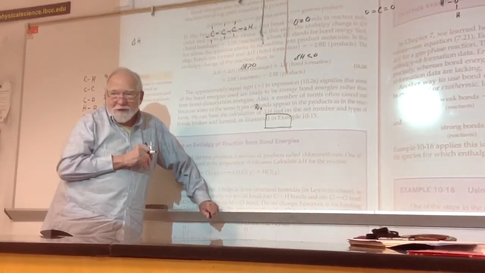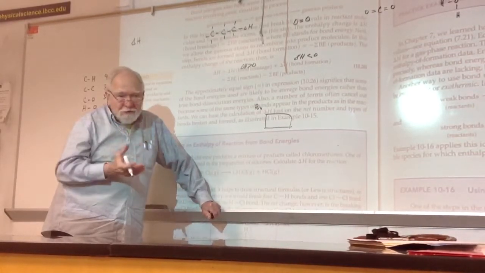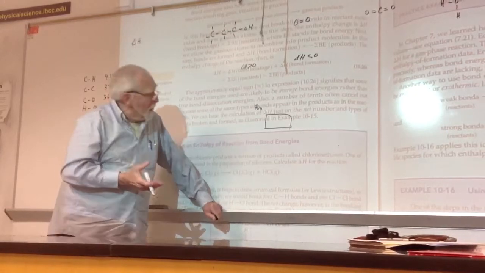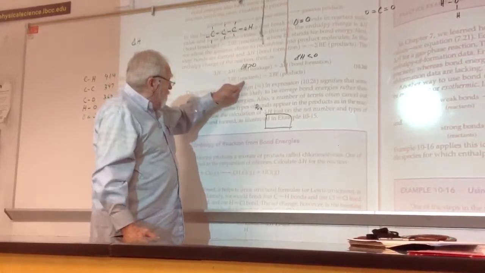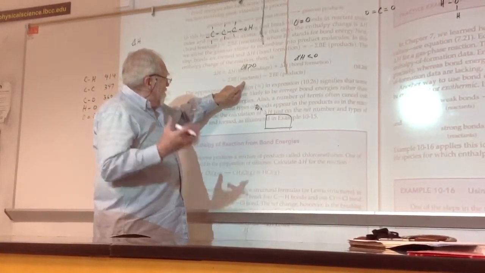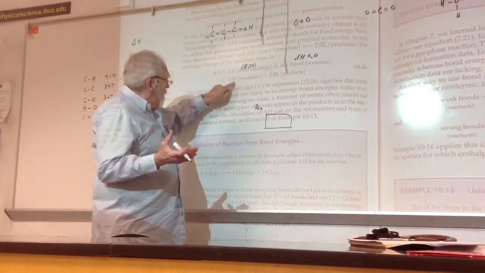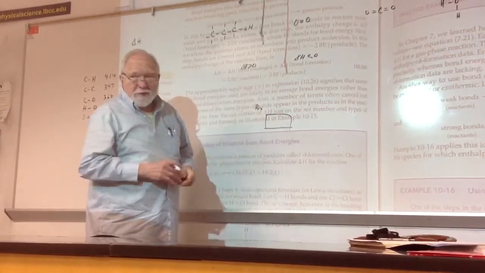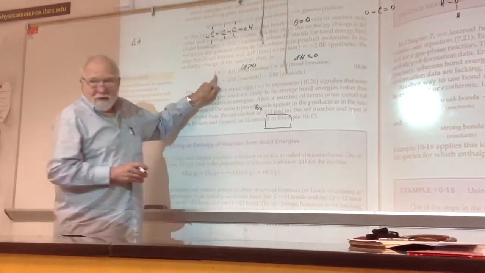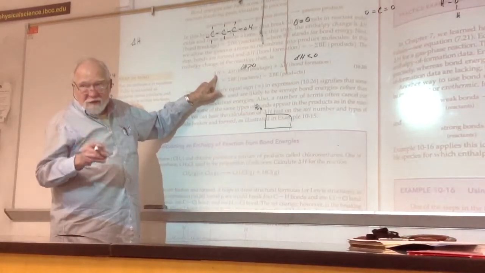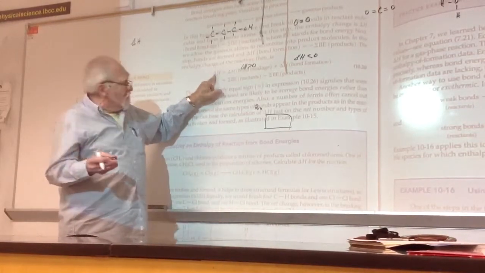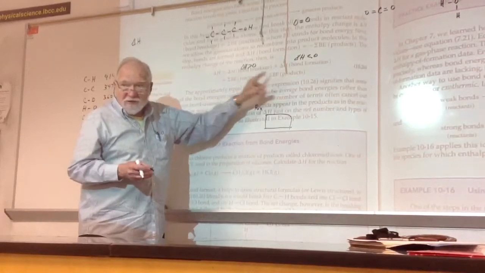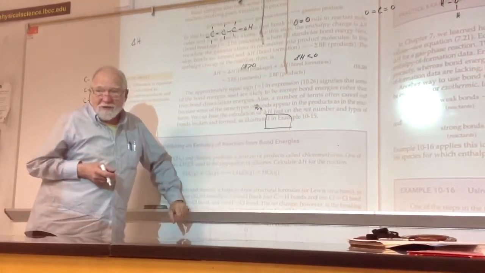But what he's trying to do is be consistent, and usually, you don't want to confuse students by saying reactants minus products, because when you have a delta, what does it mean? The final state minus the initial, so delta would always mean products, that's the final state, minus the reactants.